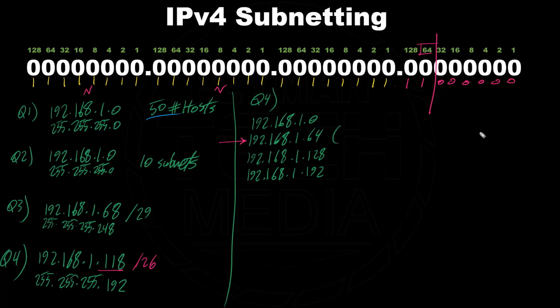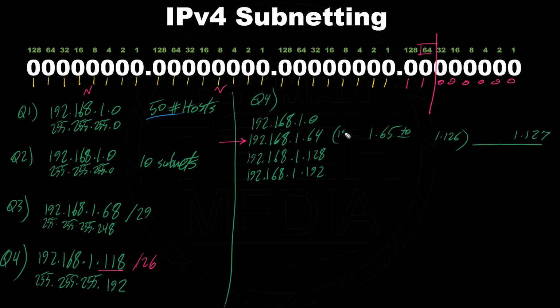And if we write the actual ranges, the broadcast address is always one less than the next network. The next one is 128, so it should be 192.168.1.127. And here the first available IP address is 192.168.1.65. So I'm going to just write down 1.65, and it goes to 192.168.1.126, so 1.126, one less than the broadcast.